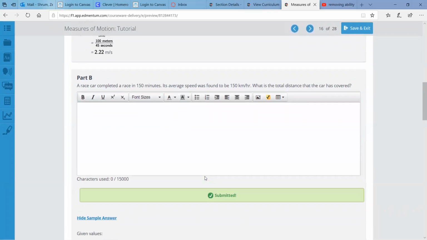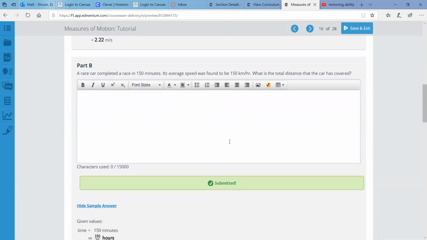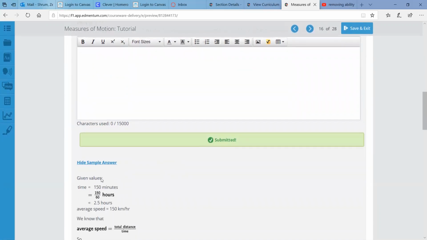A race car completed a race in 150 minutes. Average speed was found to be 150 kilometers per hour. What was the total distance that the car covered? Well, we're given the time, 150 minutes. 150 minutes is 2.5 hours.